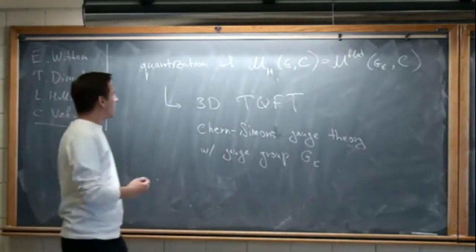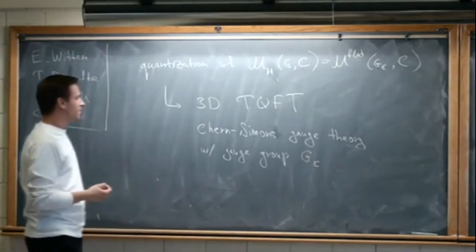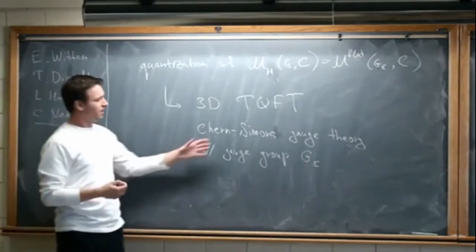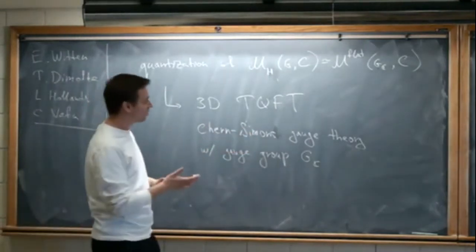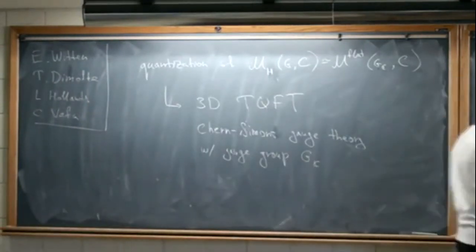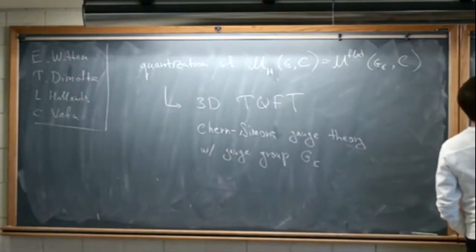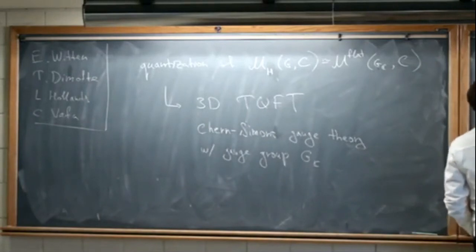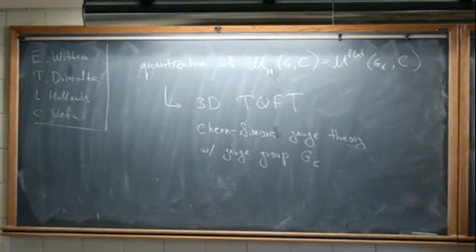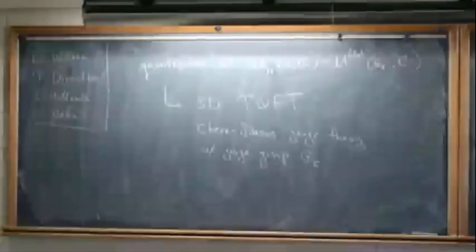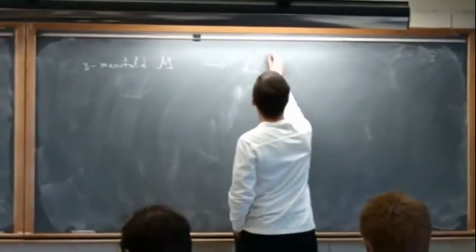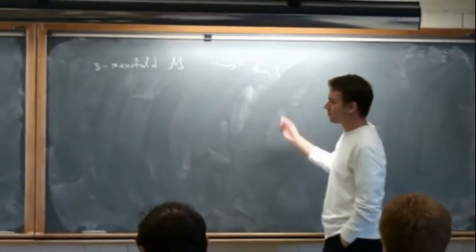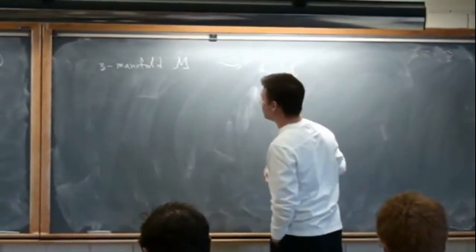So, three-dimensional TQFT, whether it's based on a real group, complex group, or anything like that, in general is a functor which associates to a three-manifold, let me call it M, some number, namely the partition function Z, and it depends on a parameter, which is often denoted either by q or h bar.